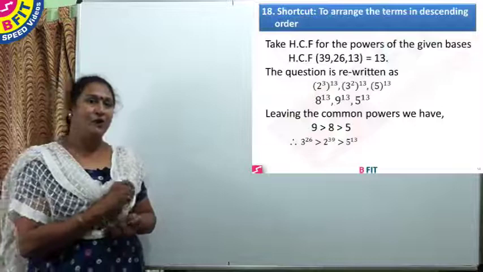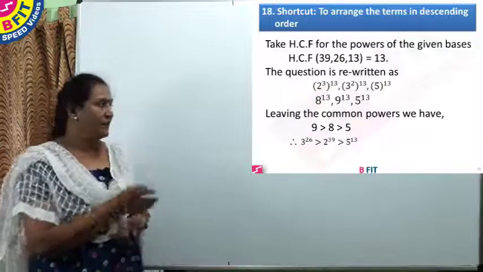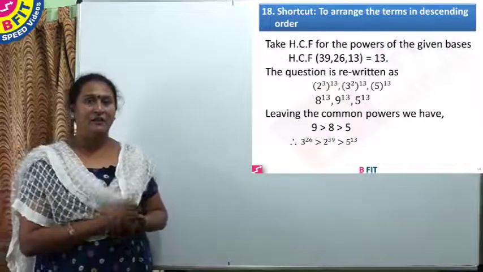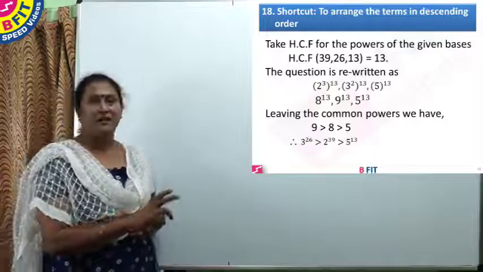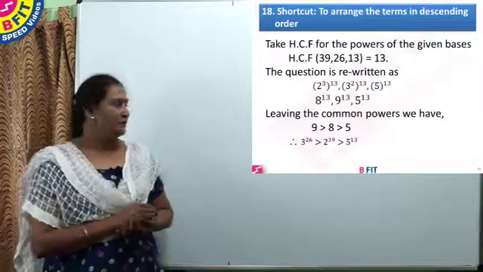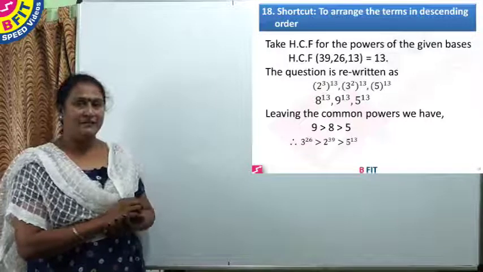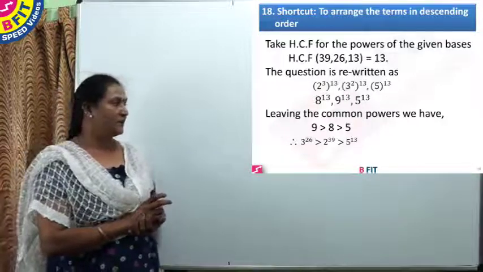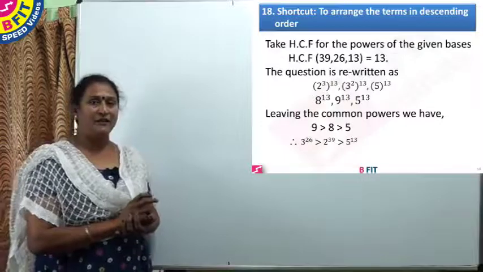Taking a common factor for the powers, we rewrite the question, and eliminating the common powers, we can easily write the numbers in descending order. So the descending order is 3 power 26, then 2 power 39 and 5 power 13.